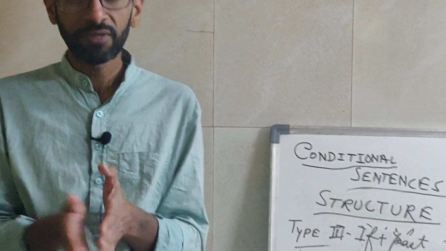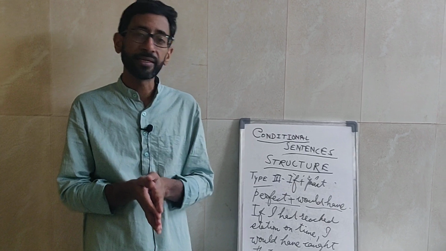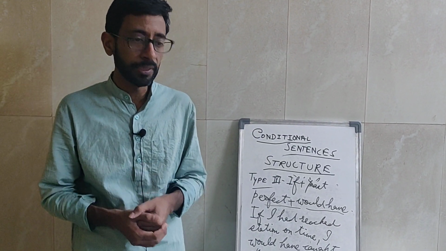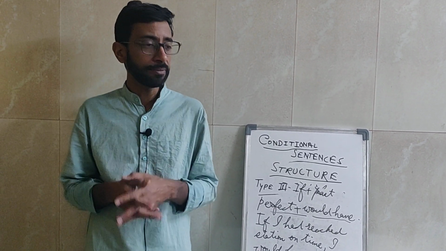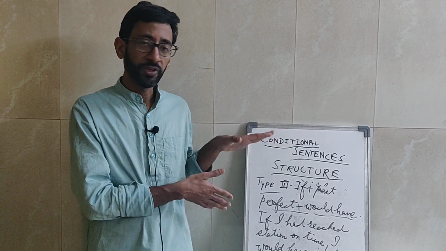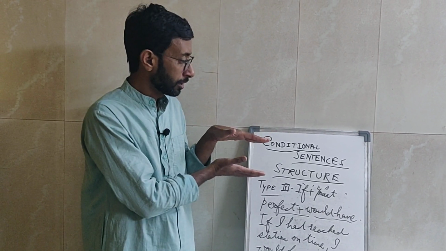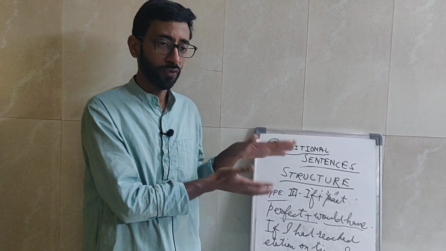They are of three types, which are known as conditional sentence type first, type second, and type third, and they are used for those conditions which are possible, probable, and impossible type of conditions. And when it comes to their structure, we can say conditional sentence type first is if plus simple present plus will.